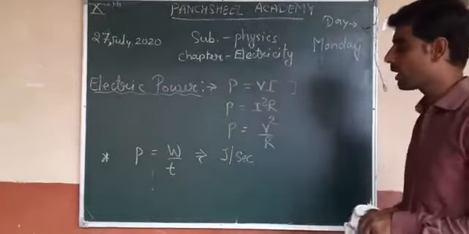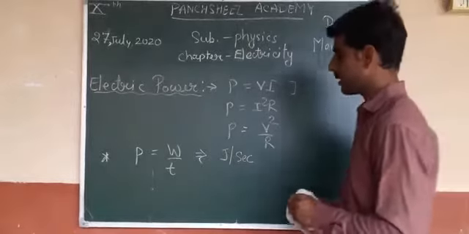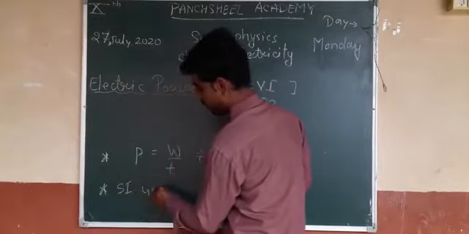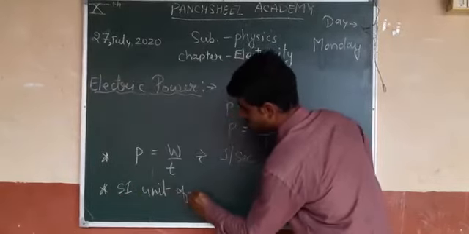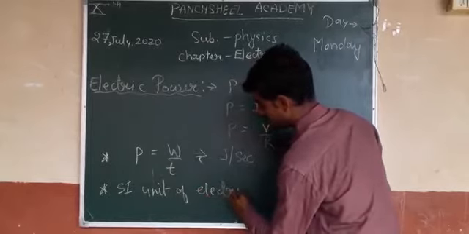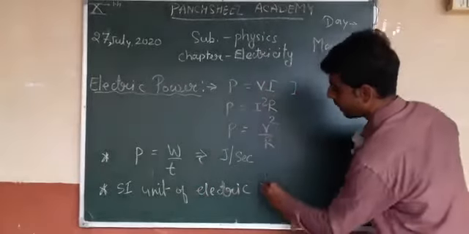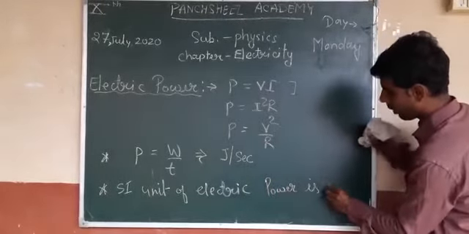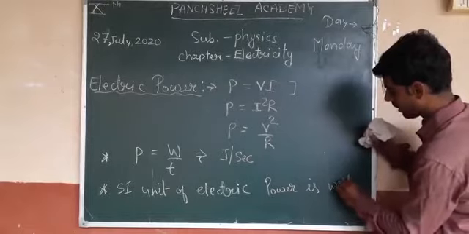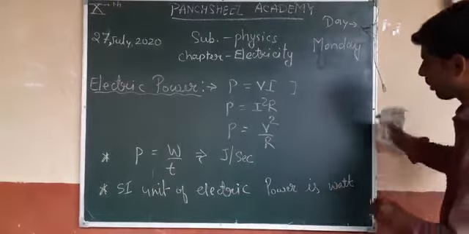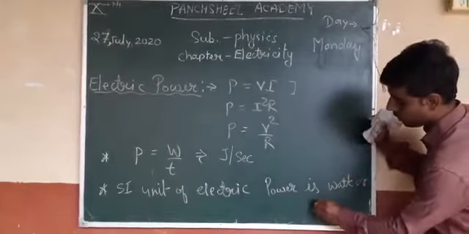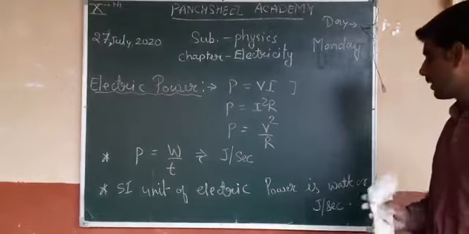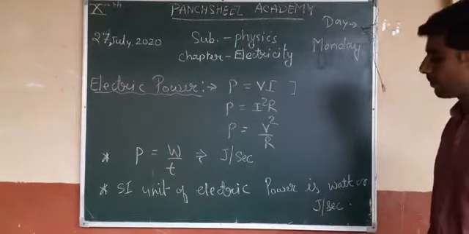So one important thing is that the SI unit of electric power is watt, W-A-T-T, or joule per second.